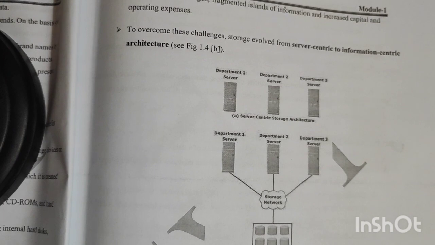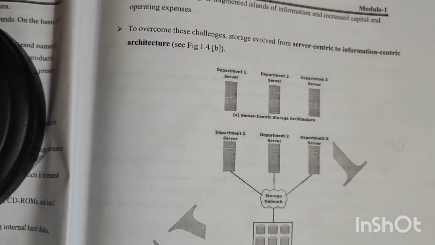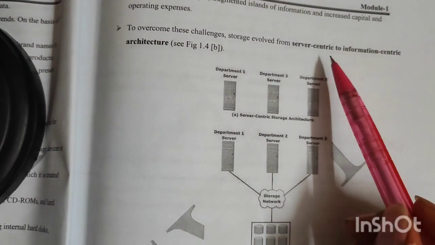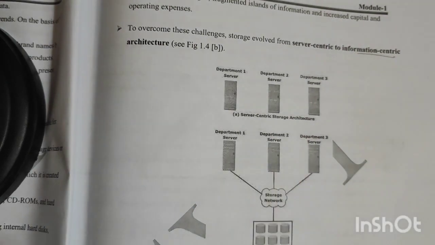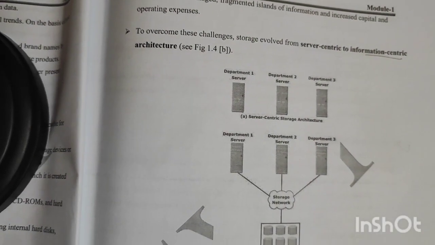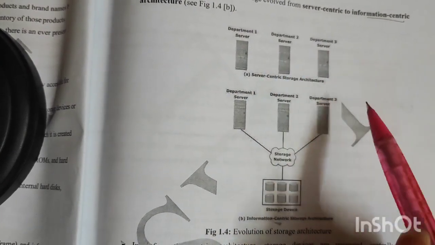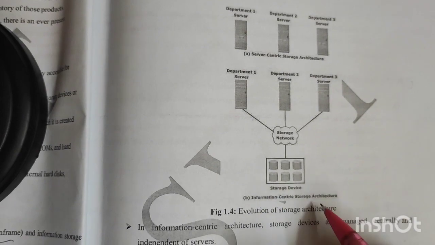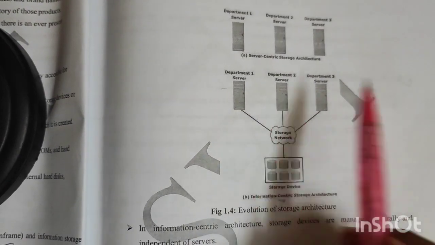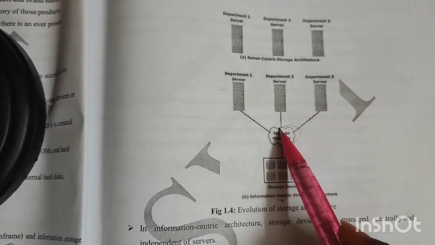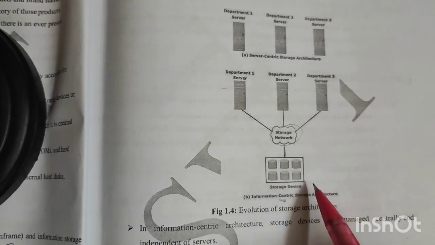So to overcome these problems of managing and all, you went from server centric to information centric architecture. In server centric architecture you have different departments, and all these different departments perform different tasks. In information centric, you have different departments, you connect them to a storage network, and this network gives you storage devices.